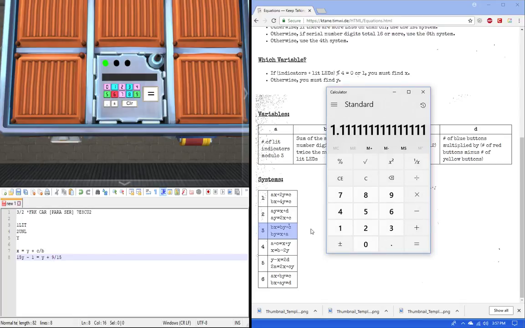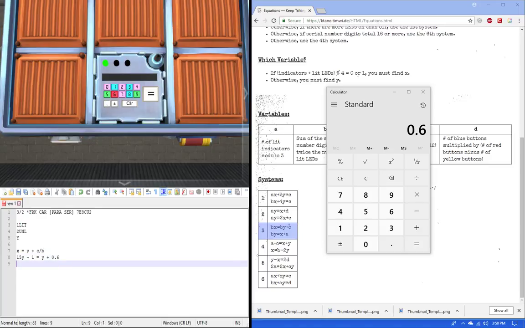So we're going to take 9 divided by 15. It's going to give us 0.6. And then we can do some more calculations here. So 15y equals y plus 1.6, after adding 1 to both sides. Then we subtract y on both sides, so 15y minus y is 14y, and it's going to equal 1.6.